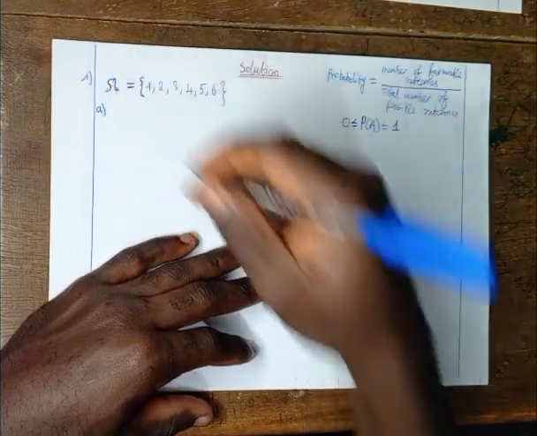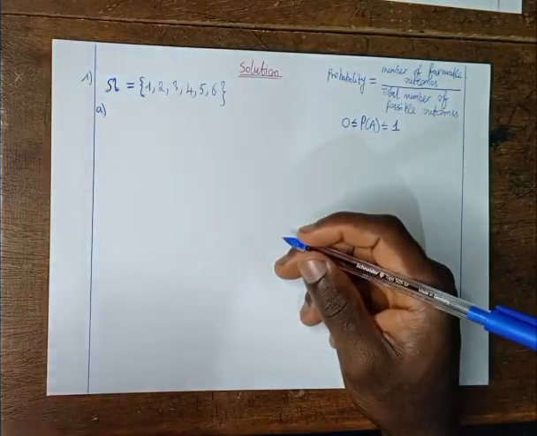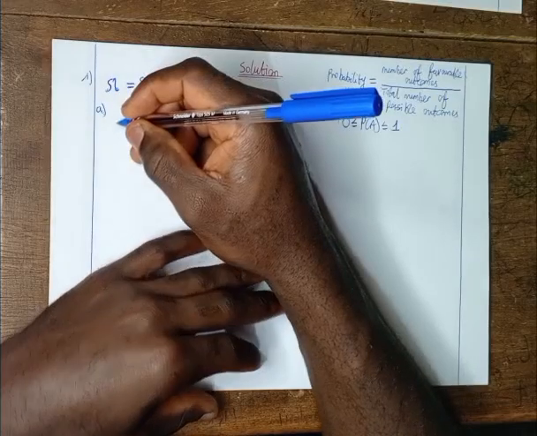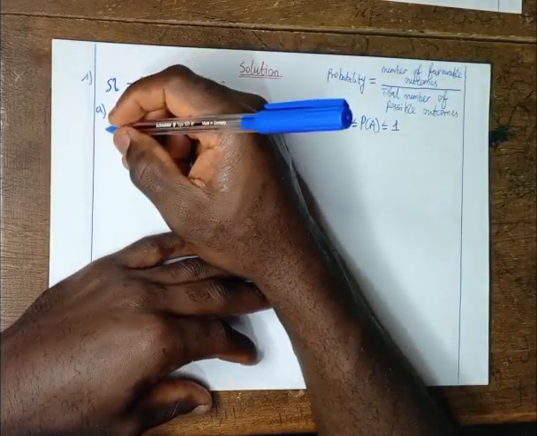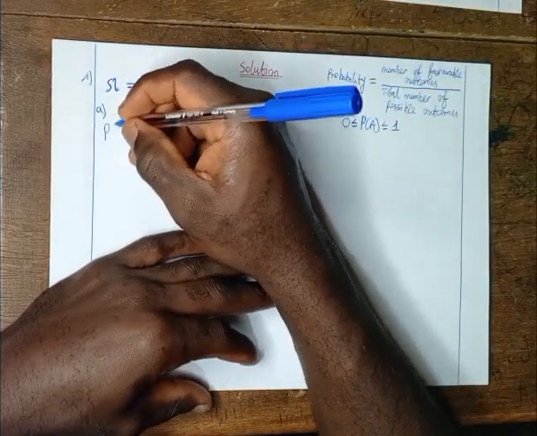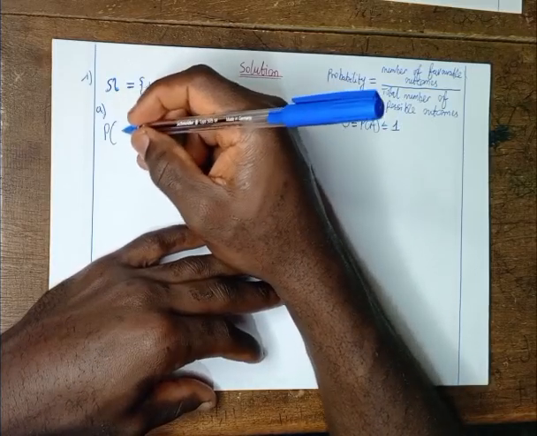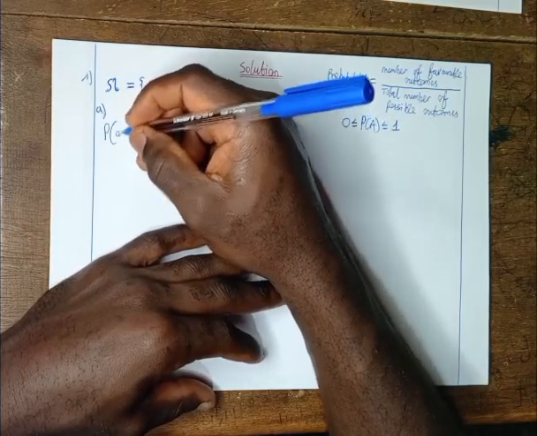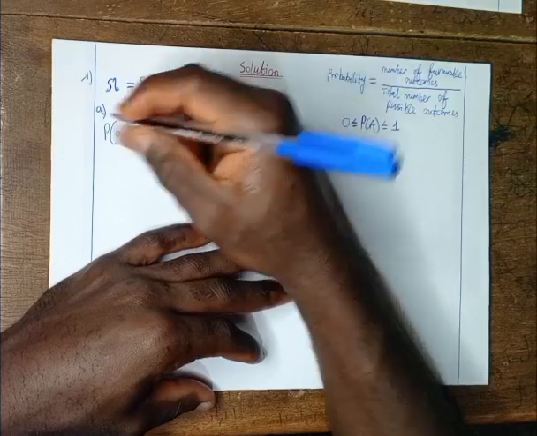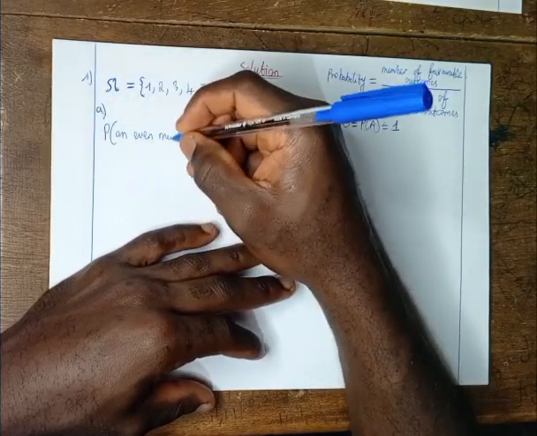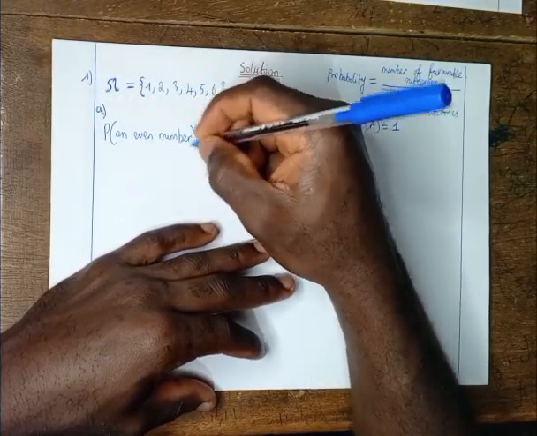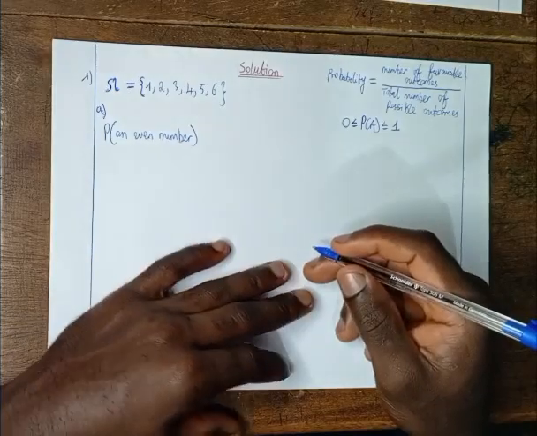Go back to our question. For question A, probability of getting an even number, we are going to denote it as such: P of an even number. This P stands for probability. We read this as the probability of getting an even number.